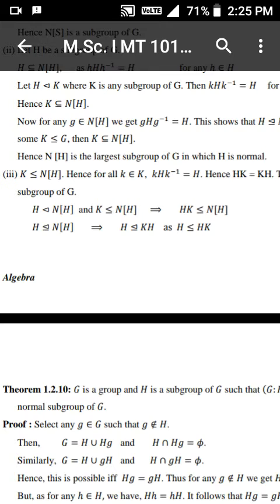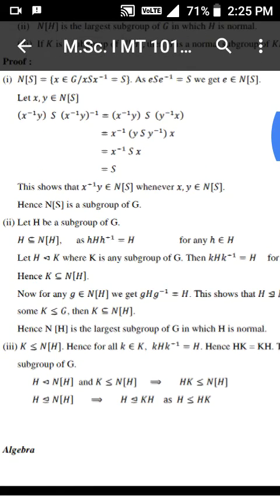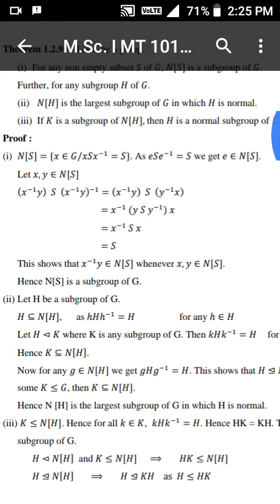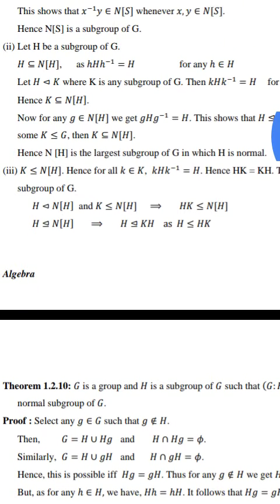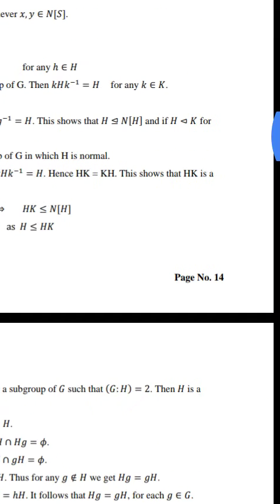Third part. It is given that K is a subgroup of N(H). Hence, for all k belonging to K, k H k inverse is equal to H. Hence Hk is equal to kH.